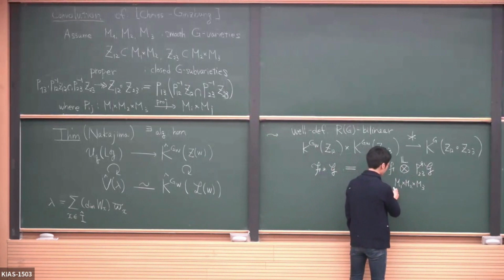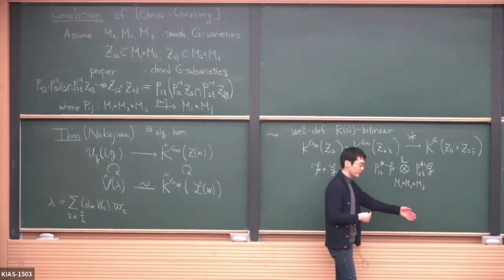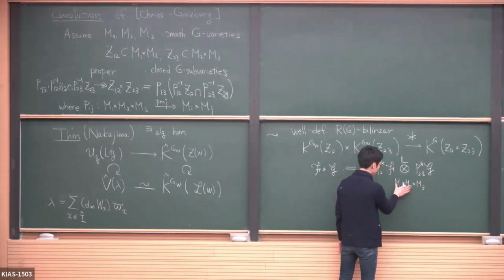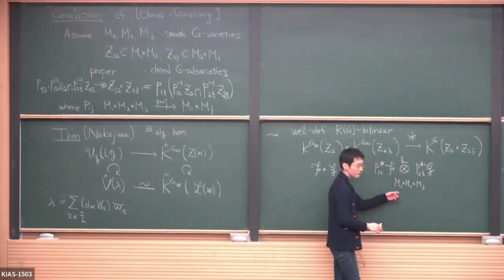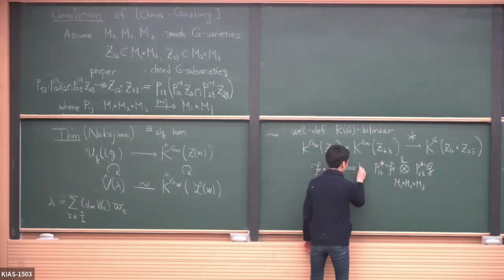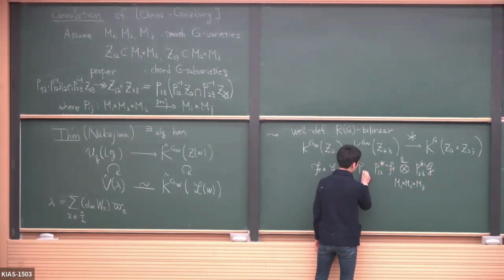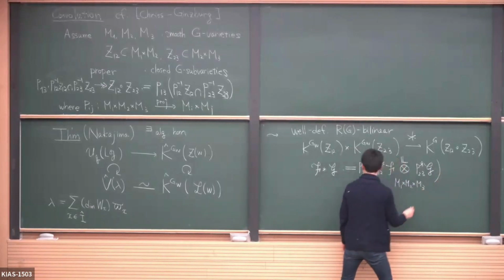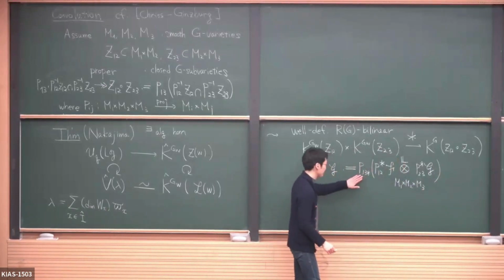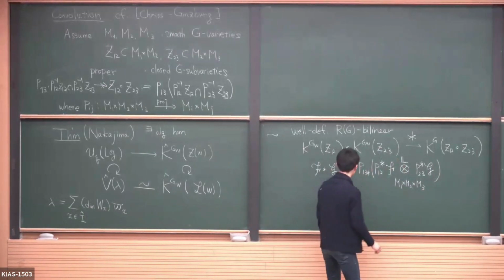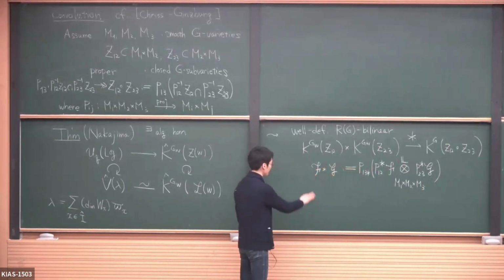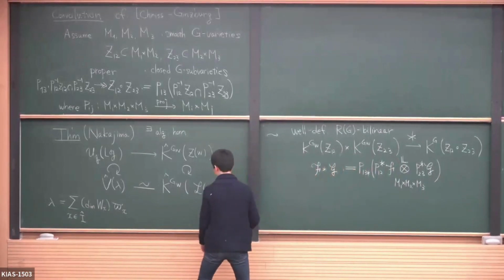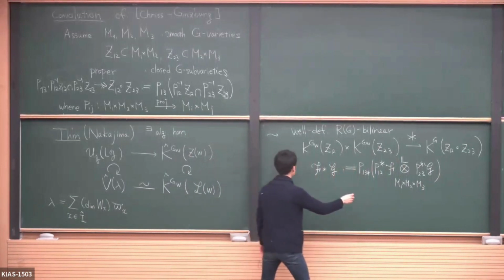So to make sure to get finite length resolution, we need to work on this smooth ambient space, and we push. So to be more precise, this is derived push forward, but anyway, by this we can define convolution.